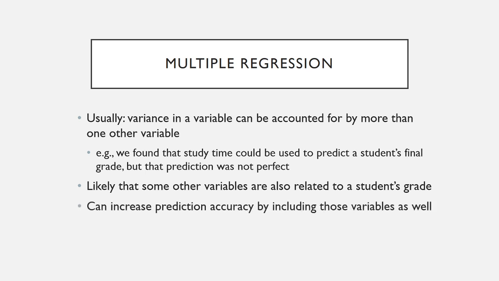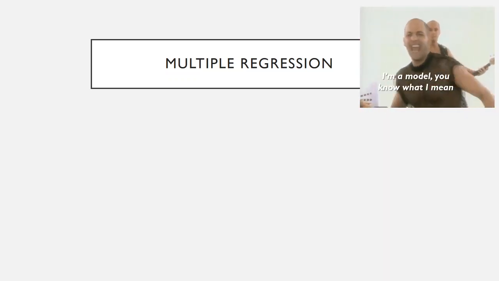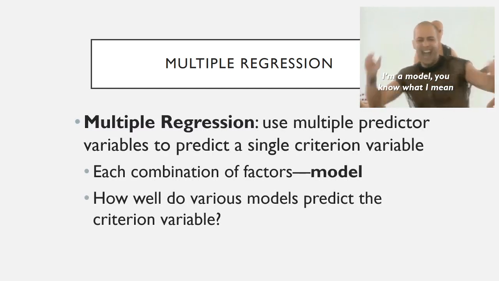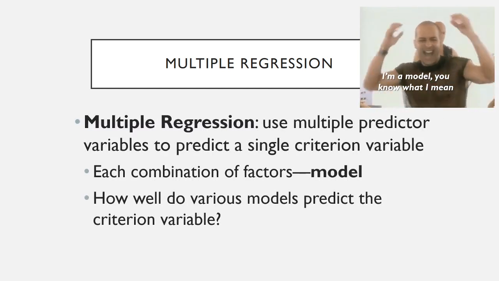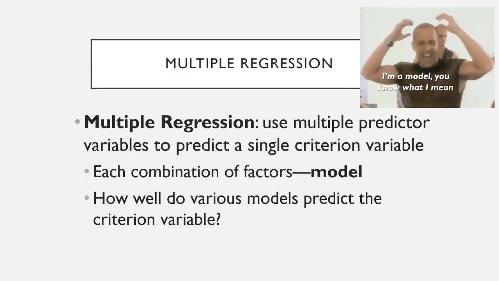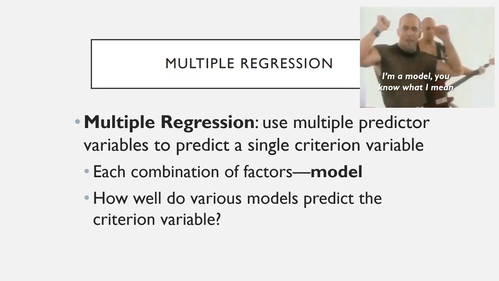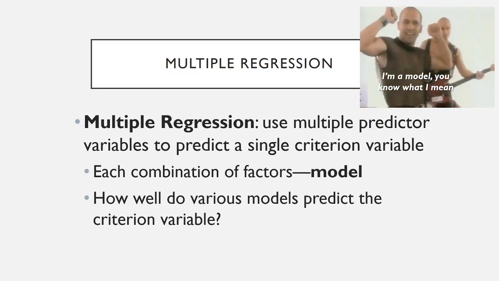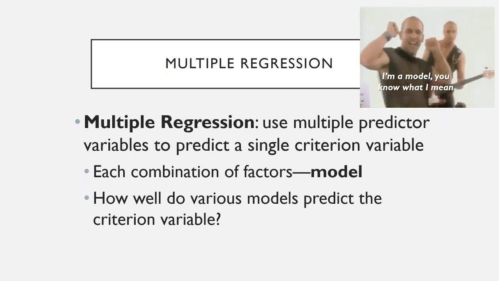So multiple regression is going to be a process whereby you take into account those other variables, and in doing so, you try and increase your predictive accuracy by taking those other third variables into account. So multiple regression is going to be any time you use a regression analysis with multiple predictor variables to make predictions about a single outcome or criterion variable.